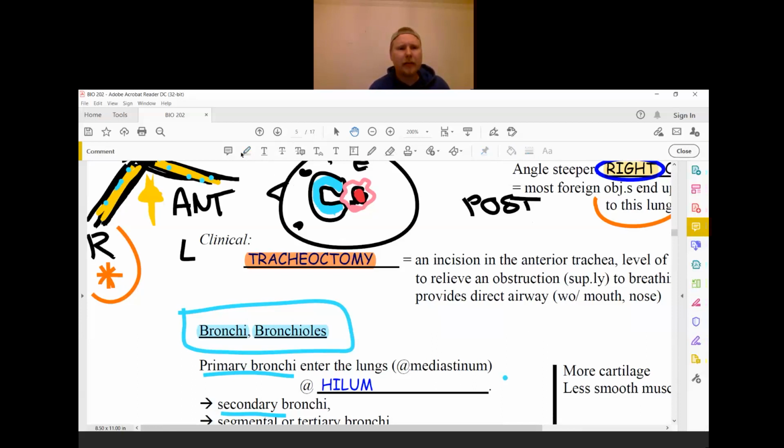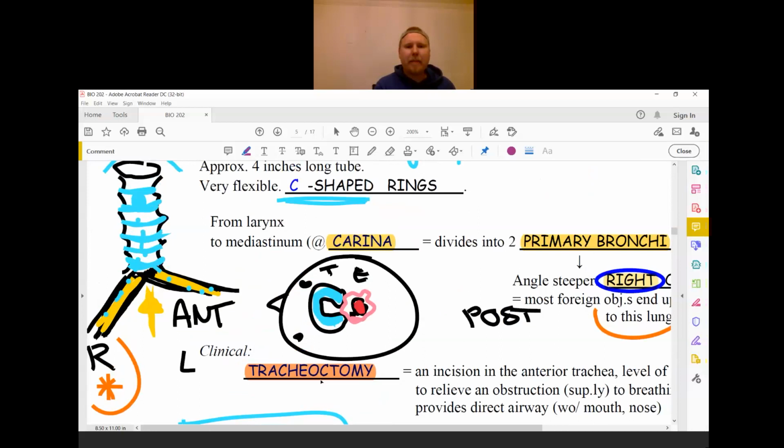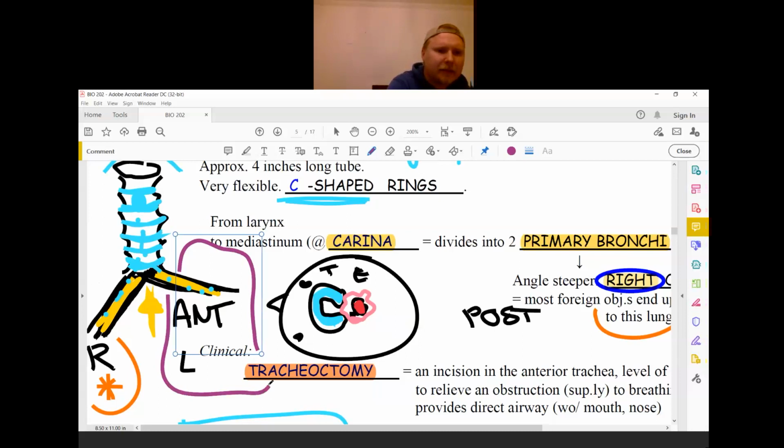It is the term hilum. Hilum is the point where the primary bronchi enter the lungs, and this spot where this entry takes place is known as the hilum.